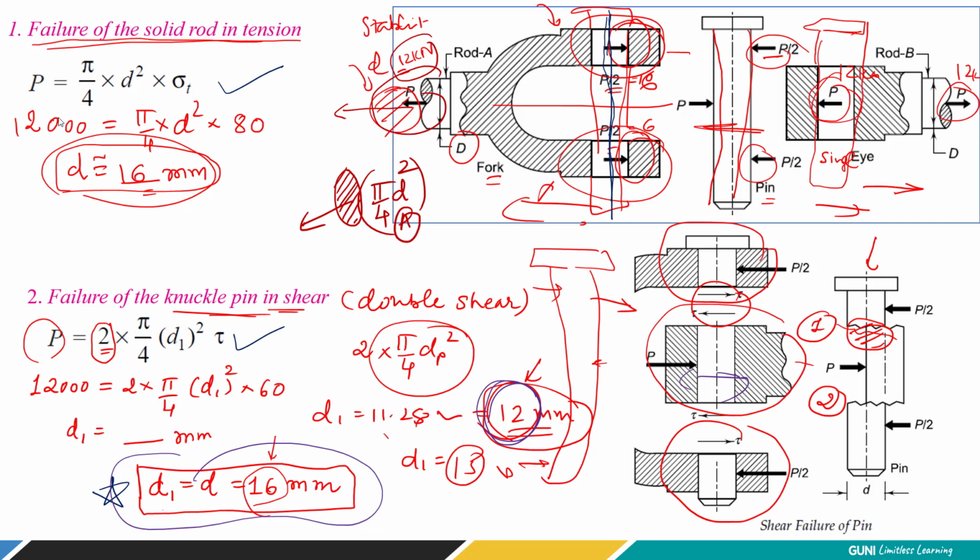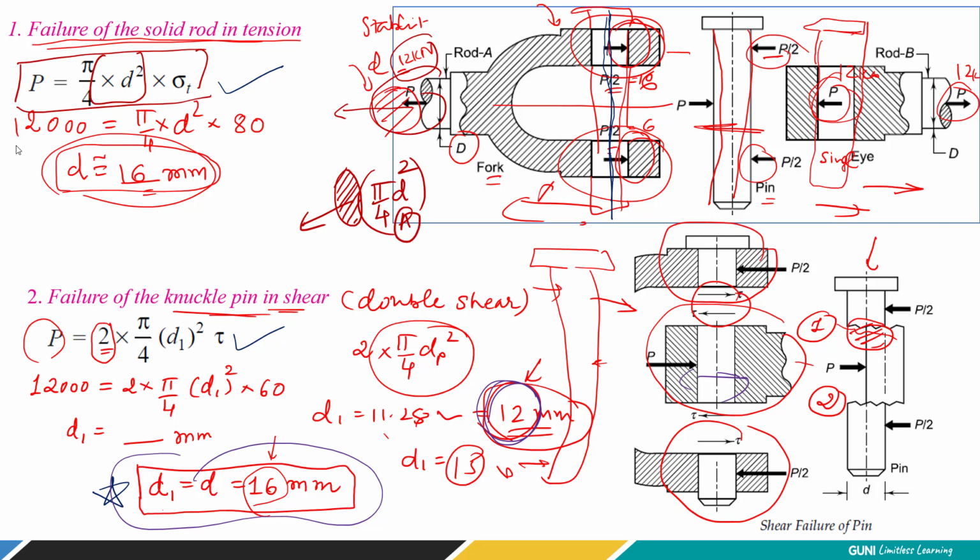We are taking the load on the left side and the area in the middle and the tensile stress on the right side, right? Now we are considering tensile failure only. Why? It is clearly mentioned in the application that the knuckle joint can only take the tensile axial force. You cannot apply compressive force. If you apply it, it will try to rotate about the knuckle pin. It is not able to transmit the compressive force, right?